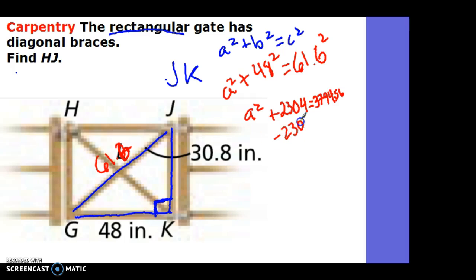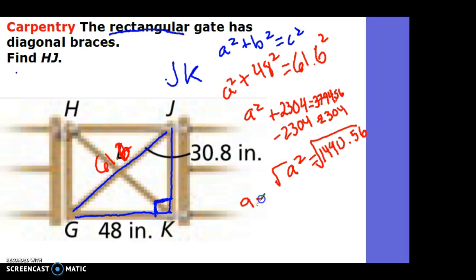Subtract 2,304 from both sides. Can someone give me that? A squared equals 1,490. And what's our decimal? 0.56. Oh yeah, it should stay the same. So how do I get a by itself? We take the square root of both sides.